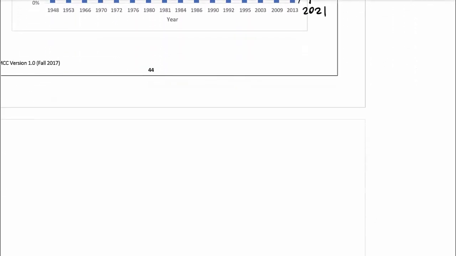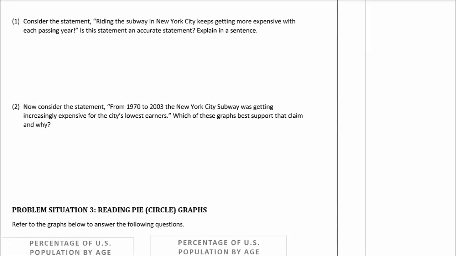So now here's the question that's being asked. Consider a statement. Riding the subway in New York City keeps getting more expensive with each passing year. Is this an accurate statement? Explain in a sentence. So let me go ahead and give you a chance to write your answer.